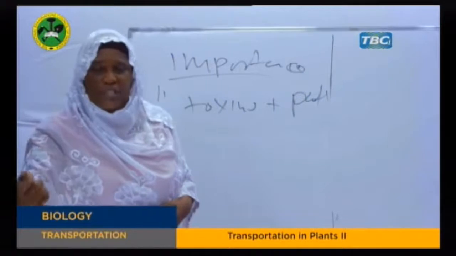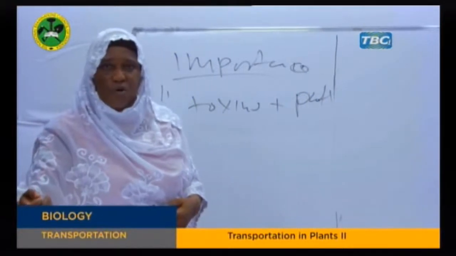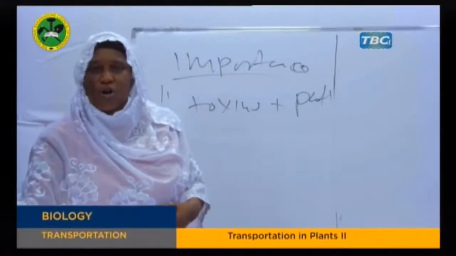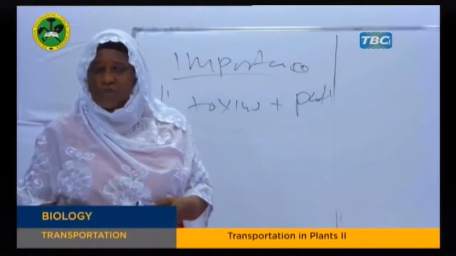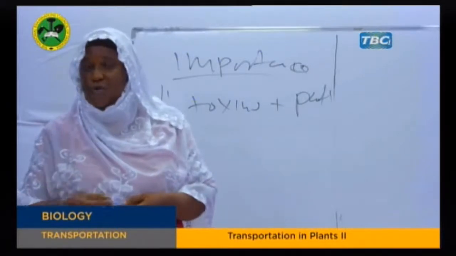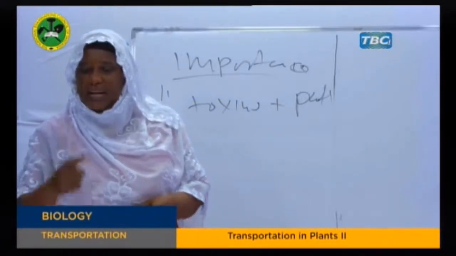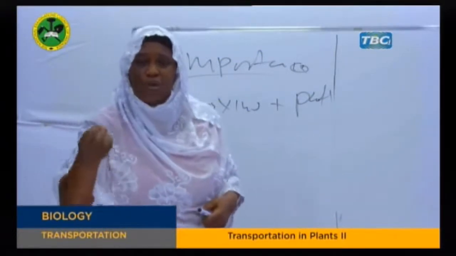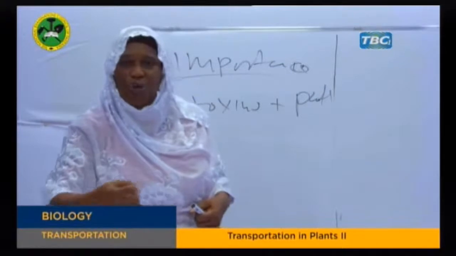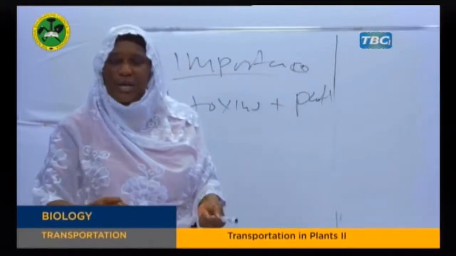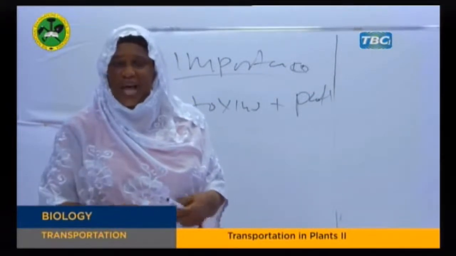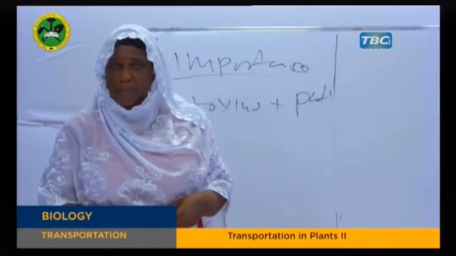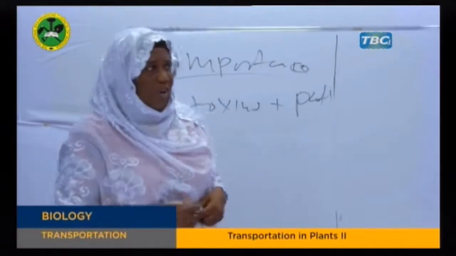Therefore, the contents of the xylem vessel will acquire low water potential due to the presence of mineral salts. And that phenomenon is very important in order to enable it to draw water from the pericycle and other cells. I think you have understood that.